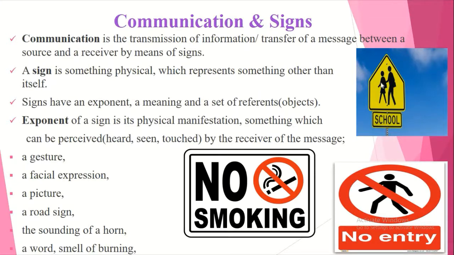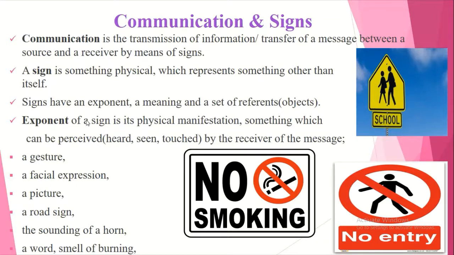As you can see in the picture, there is a signboard where you can see the image as well as the text, and school is written here on the signboard. So a sign is something physical which represents something other than itself. And signs have an exponent, a meaning, and a set of referents, or you can say objects.